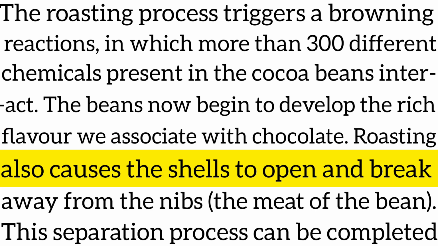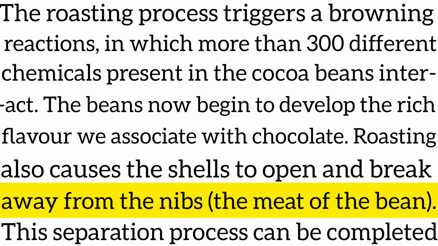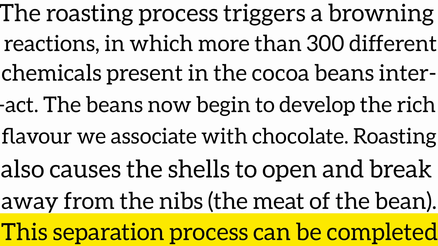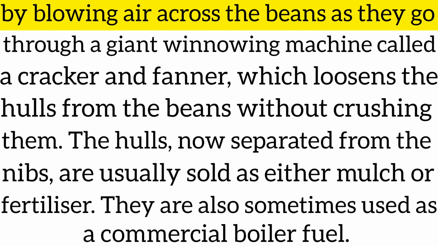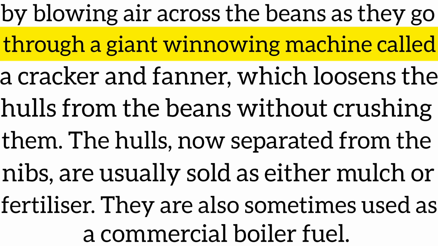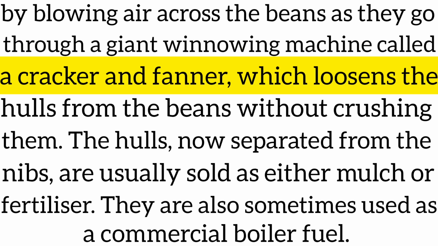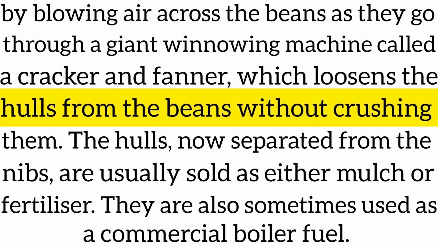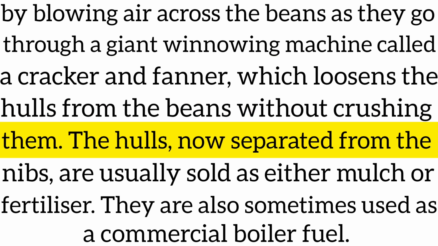Roasting also causes the shells to open and break away from the nibs, the meat of the bean. This separation process can be completed by blowing air across the beans as they go through a giant winnowing machine called a cracker and fanner, which loosens the hulls from the beans without crushing them.